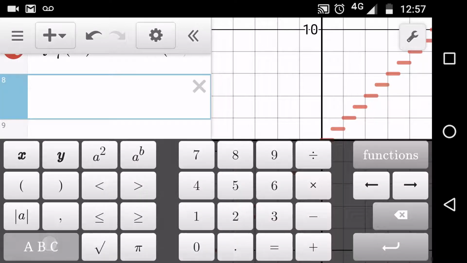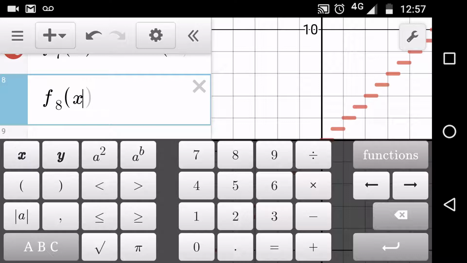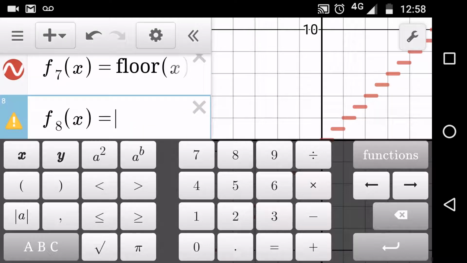We can combine that, or compare it rather, with f8. We are going to name that the ceiling function, and I'm writing it because I want you to notice that you can actually type them.